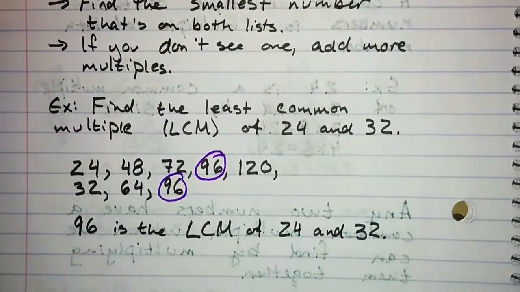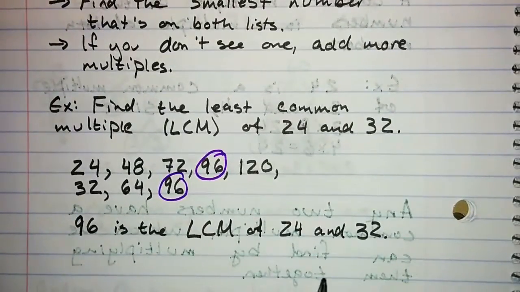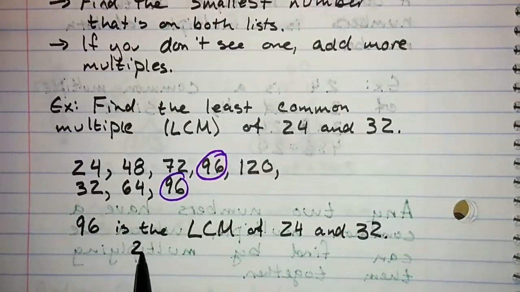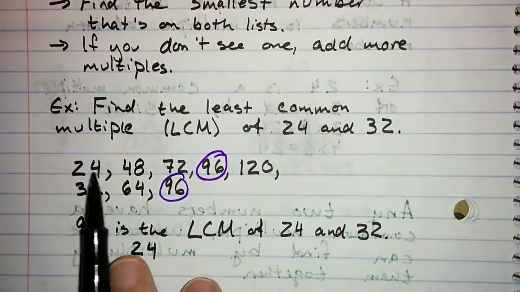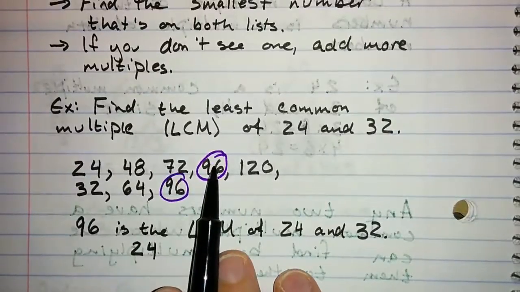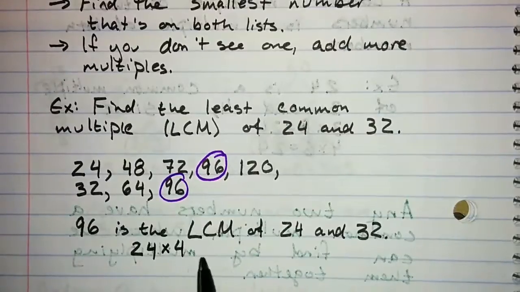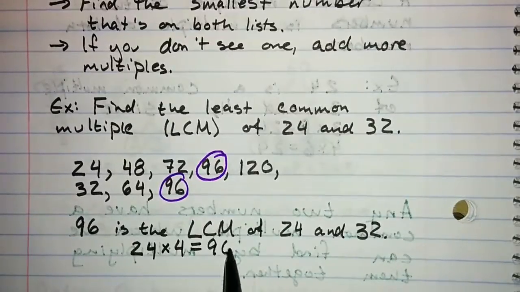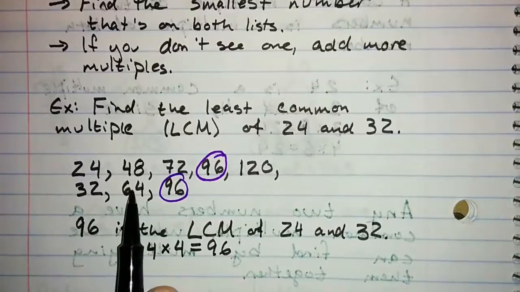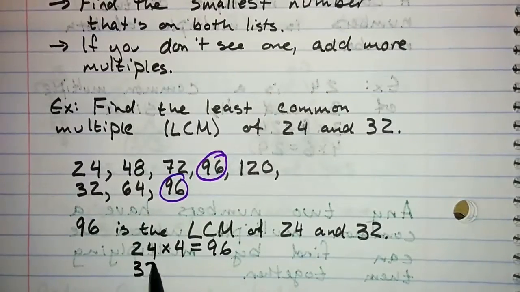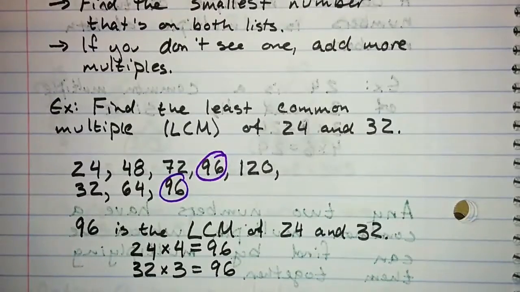And in fact, we'll want to say for sure that it's a common multiple by saying what we need to multiply each number by. Well, I have 1, 2, 3, 4 multiples of 24. 24 times 4 is 96. 1, 2, 3 multiples of 32. 32 times 3 is 96.